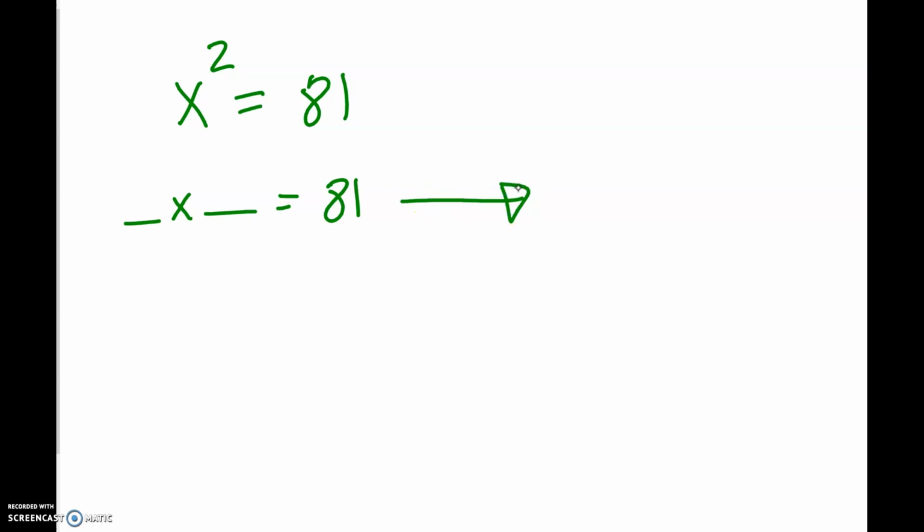As you guys are thinking and looking at your chart, it is 9. And remember, there's two of them. So 9 and negative 9, because negative 9 times negative 9 gives you 81. The principal square root is 9, but we also have negative 9.